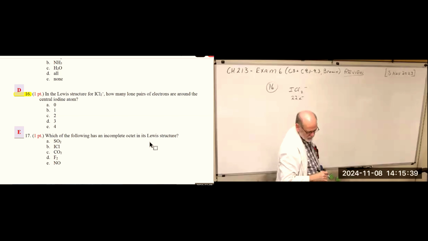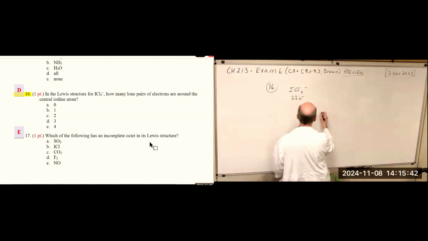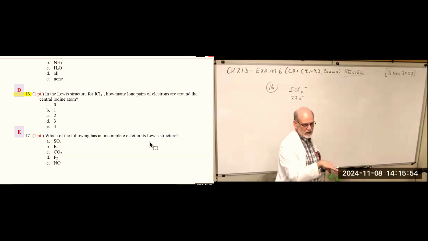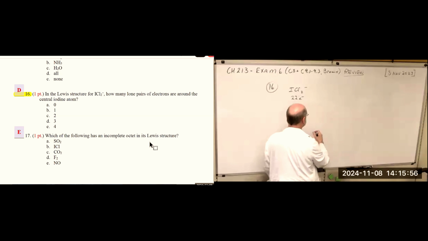We're looking for lone pairs. Iodine is going to be in the middle. When you have a situation like this, you go for the one that's more metallic than the others. They're not metals, but more metallic means either to the left or below. So iodine goes in the middle.